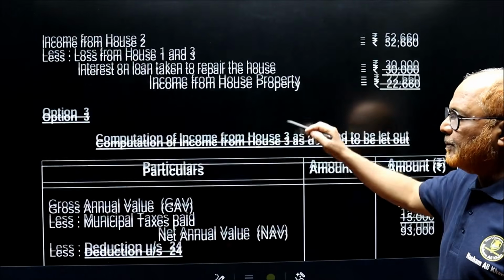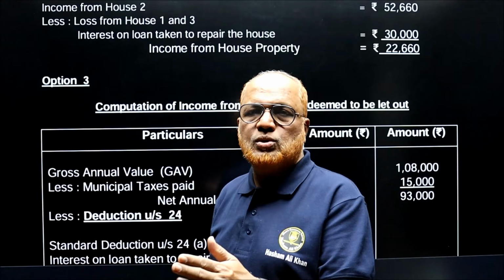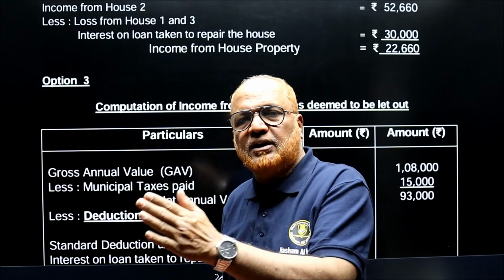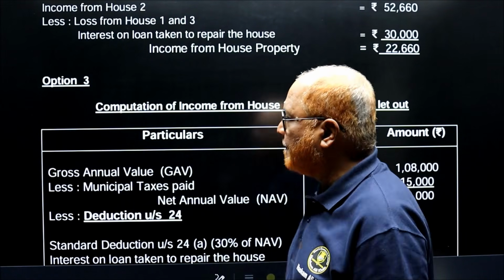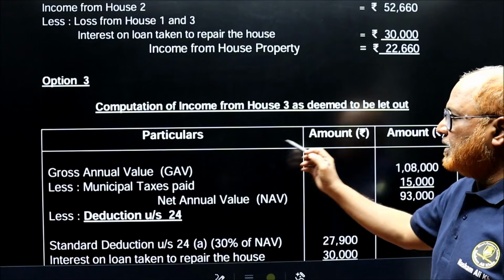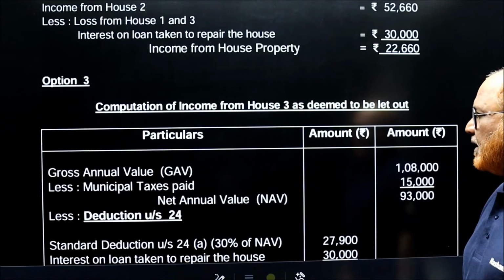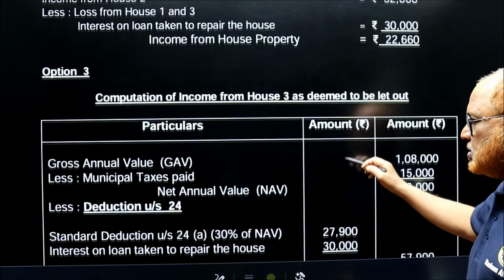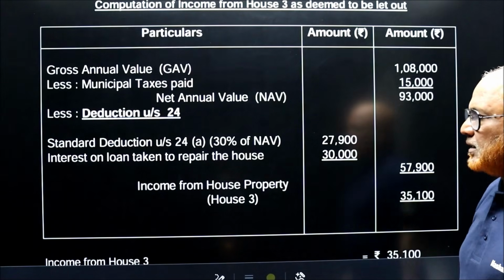Now option 3. In option 3, what is happening? The third house will be treated as deemed to be let out. House number 3 will be treated as deemed to be let out. First house and second house will be treated as self-occupied. So house number 3 as deemed to be let out. GAV, higher of FRV and MRV, that is 1,08,000. Municipal taxes 15,000. NAV is 93,000. Standard deduction 30% of NAV. Interest on loan taken 30,000.